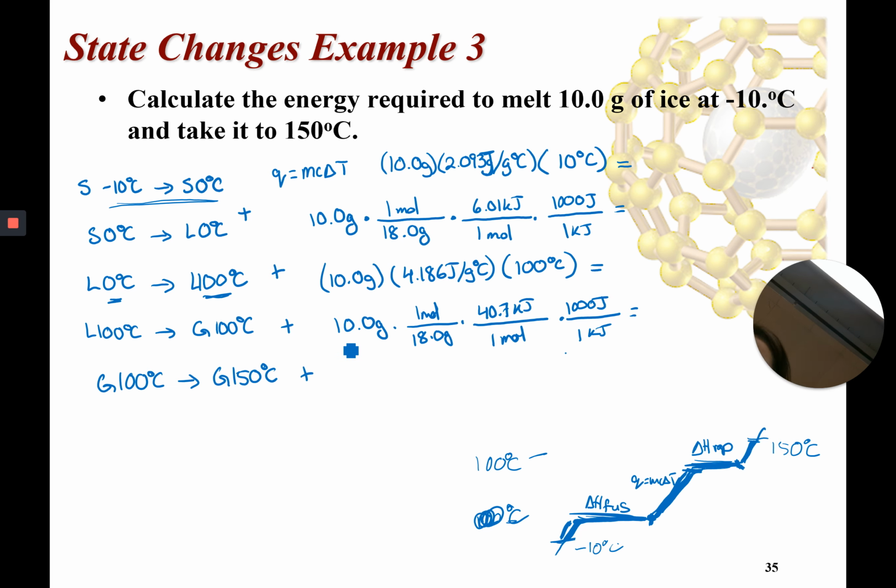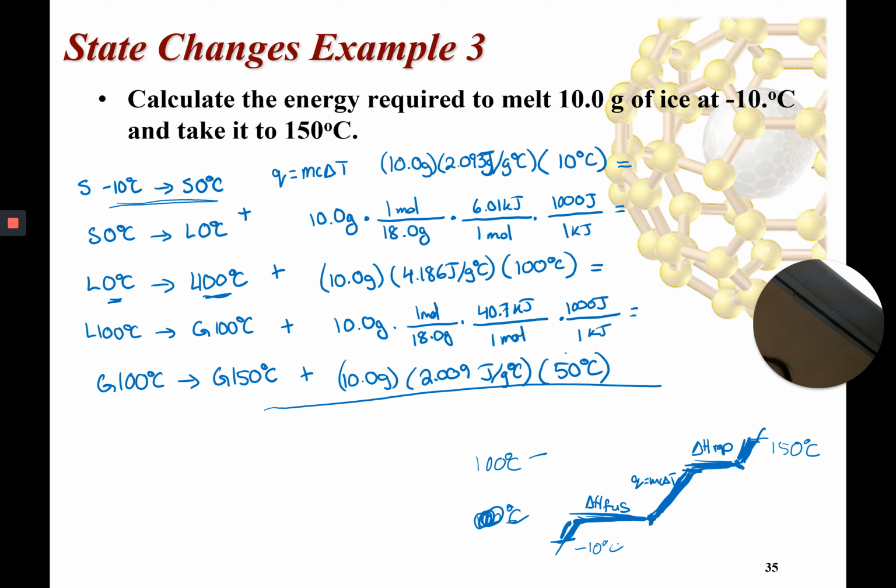And then finally, the last step, which is this step right here, going from gas at 100 to gas at 150, that's a temperature change. So we're going to use MC delta T, so 10.0 grams. C for water vapor is 2.009 joules per gram Celsius. Delta T would be 150 minus 100, which is 50 Celsius.